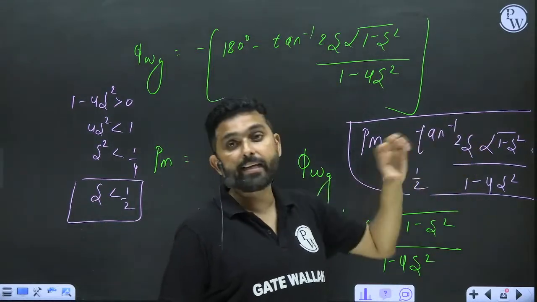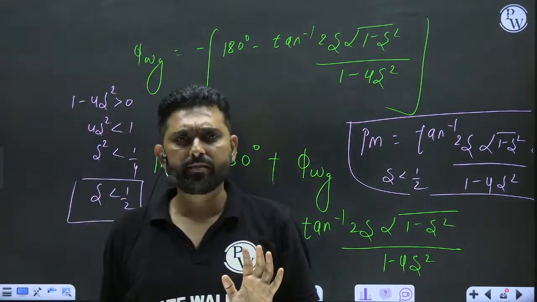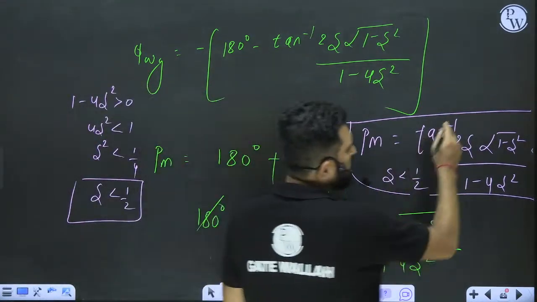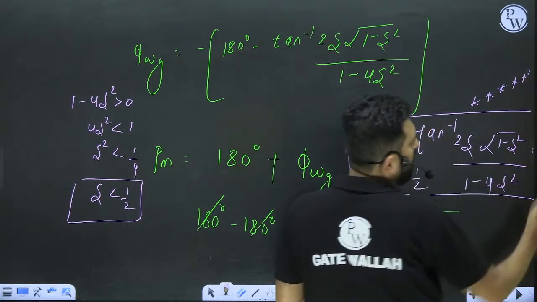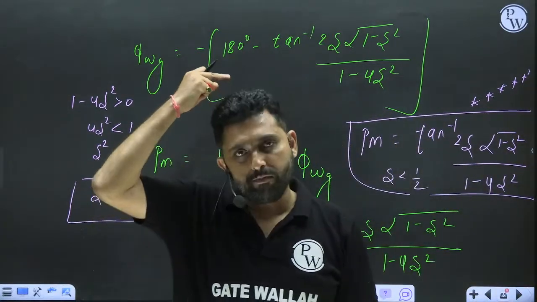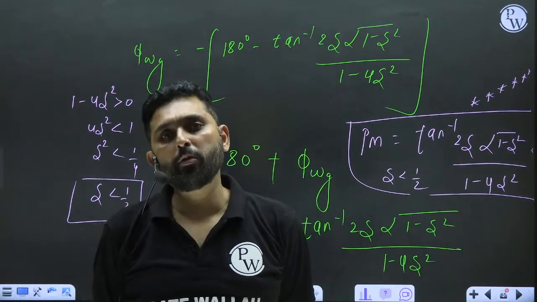Phase margin is a net angle which makes the system unstable. Sir, in GATE they will never ask you, but once they ask in DRDO, that's why I am telling you. Is this point clear to you?